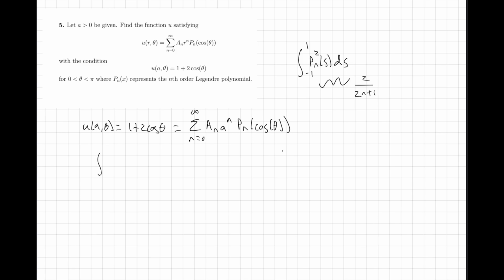If we multiply by that on both sides, we get the integral from 0 to pi, the bounds for theta, of 1 plus 2 cosine theta multiplied by P sub n of cosine theta multiplied by sine of theta d theta.